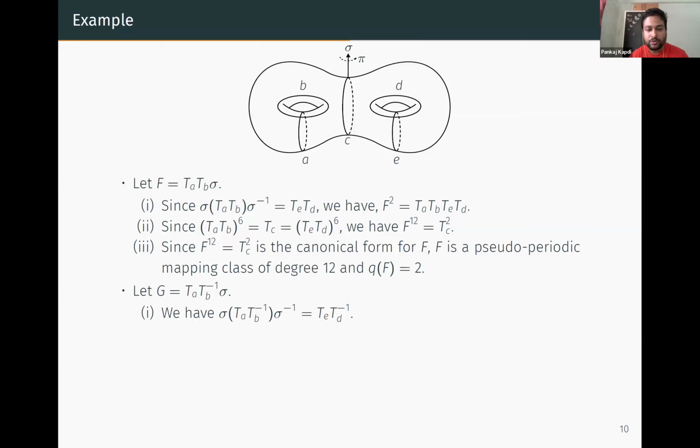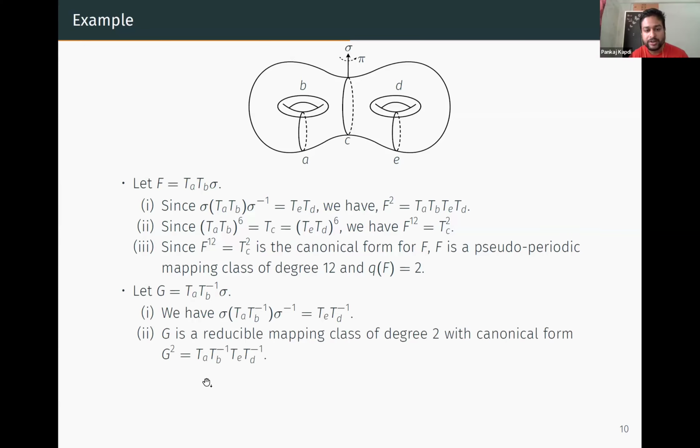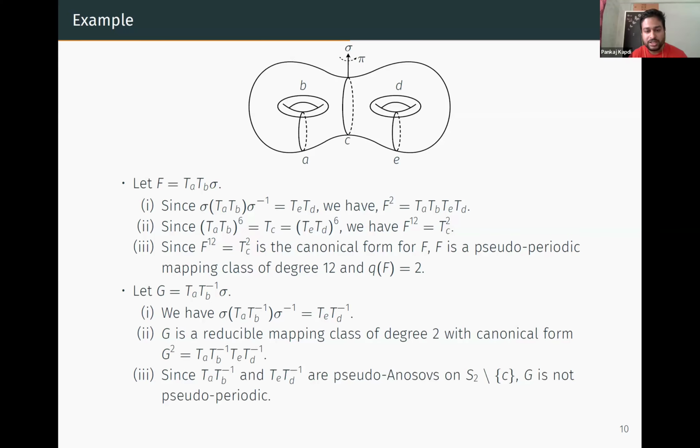So here also, if you take g squared, now the two components will get fixed, and you will get T_A T_B inverse, T_A T_D inverse. Okay, so this is the mapping class. And now if you know pseudo-Anosov mapping classes, then you can observe that in the complement of the curve, this T_A T_B inverse is pseudo-Anosov, and also T_A T_D inverse is also pseudo-Anosov. So g is not a pseudo-periodic mapping class. It has two pseudo-Anosov components.